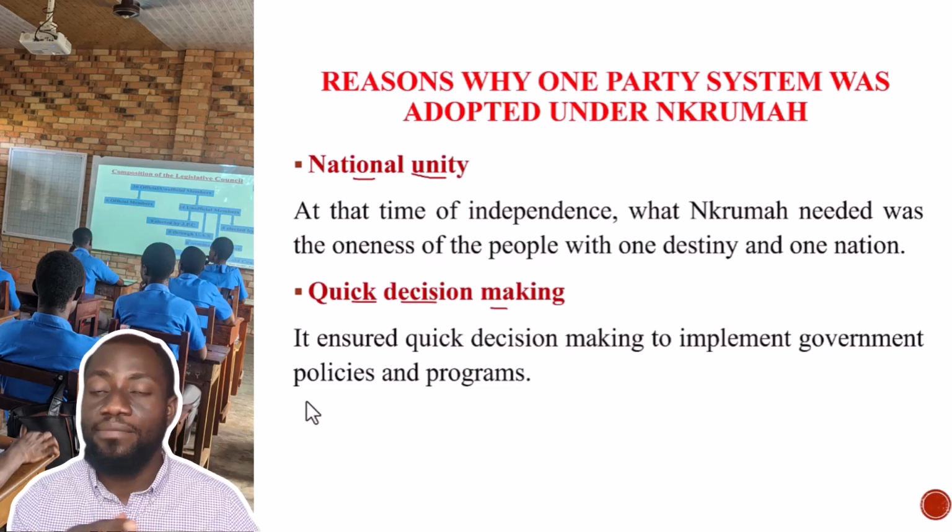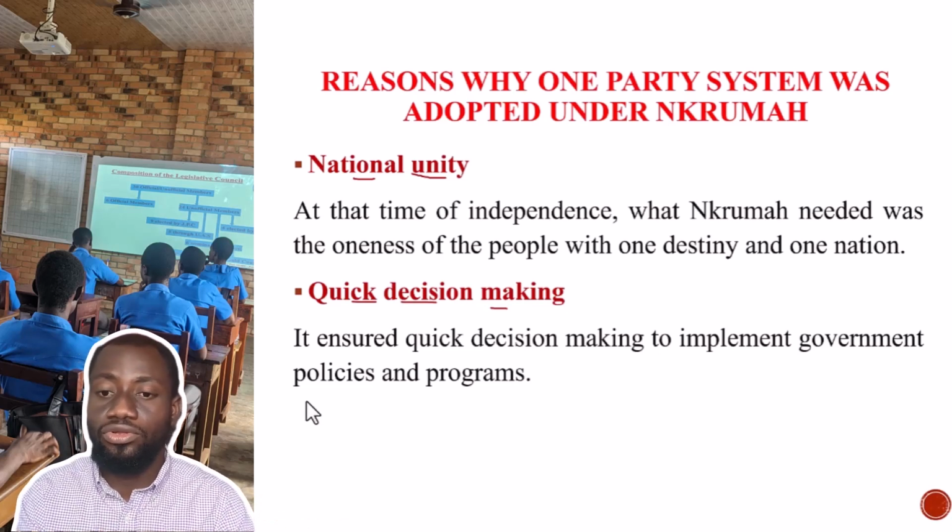Quite recently, Parliament refused to vet the newly appointed ministers. Why? Because the minority decided not to do so, and they took the issue to court and all of that.